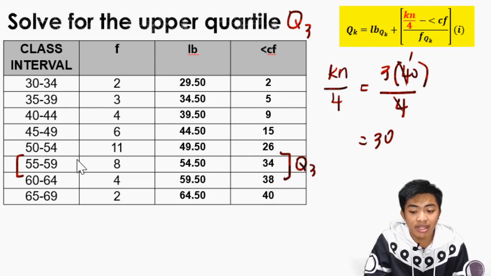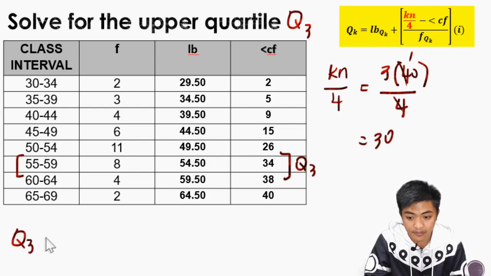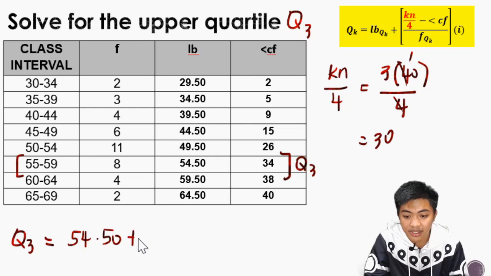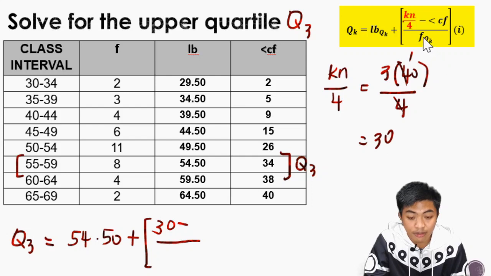Okay, so nalaman na natin ito, pwede na tayong mag-substitute sa formula. So lower boundary of the third quartile class, lower boundary that is 54.50 plus, okay, this part right here, na-solve na natin siya as 30 minus less cumulative frequency.